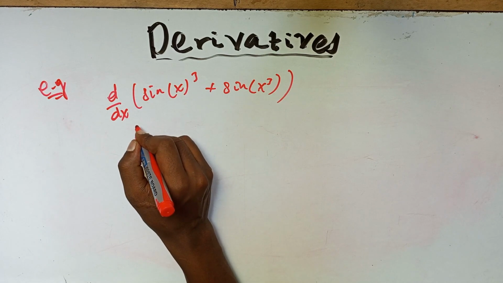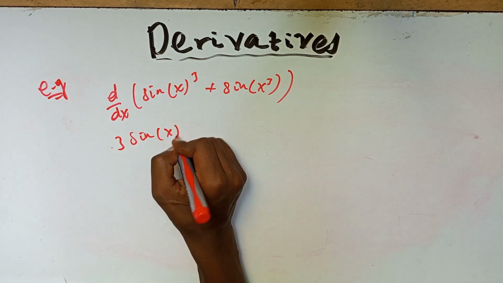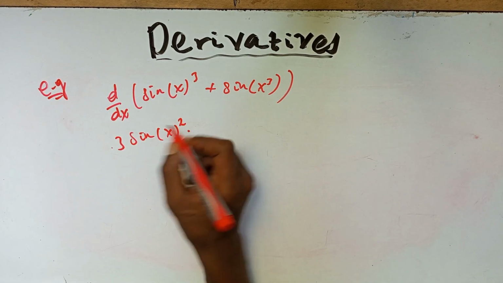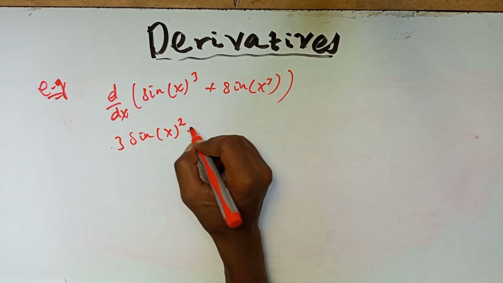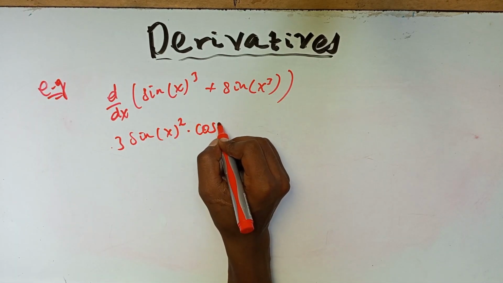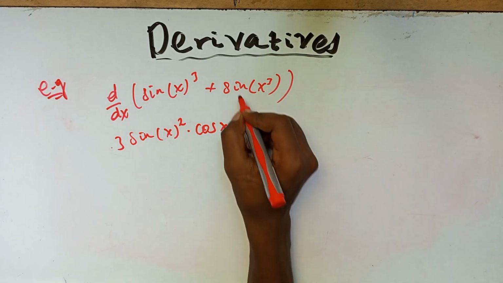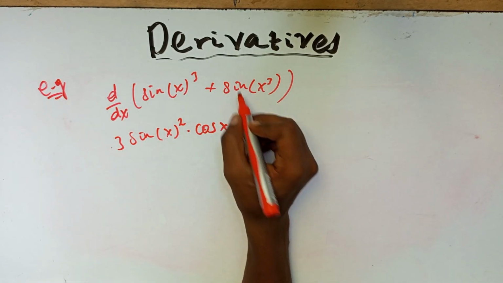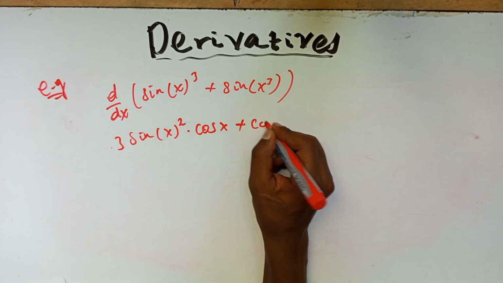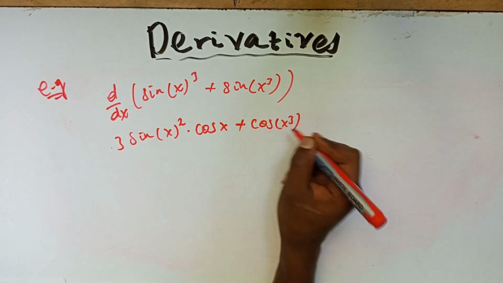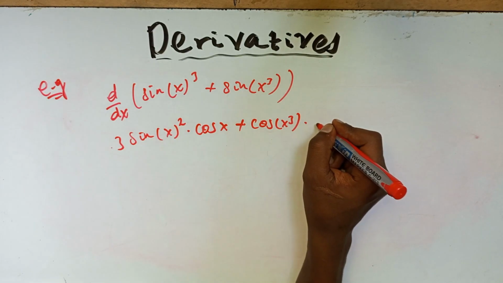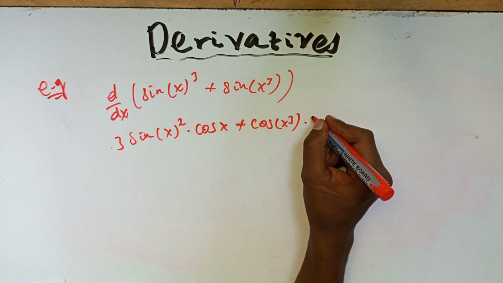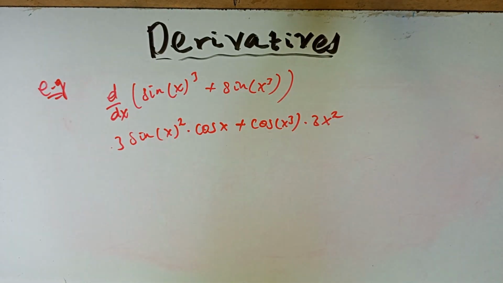So the derivative of this means 3 sine x to the power of 2 times the sine derivative. The sine derivative means cos x. Plus, this one means what? First we have to differentiate this function, which gives cos of x cubed times the inner derivative, 3x square.